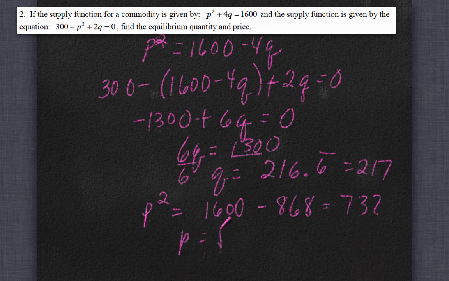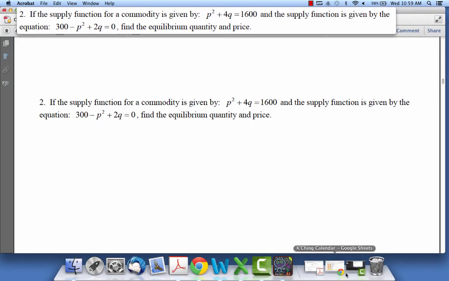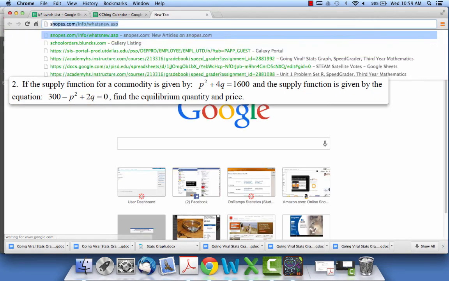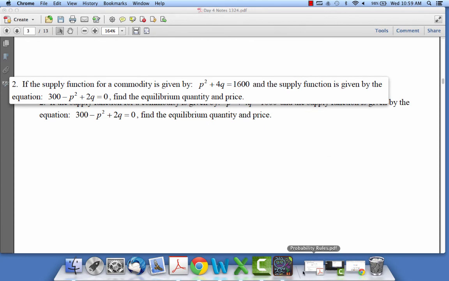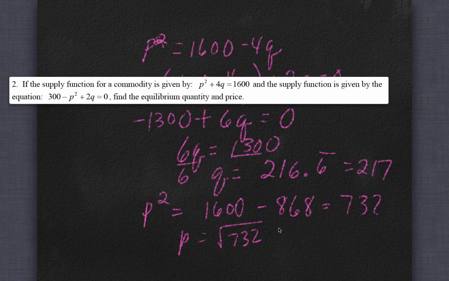So p equals the square root of 732. I think I must have screwed this up somehow because I think this used to work, but maybe it didn't.